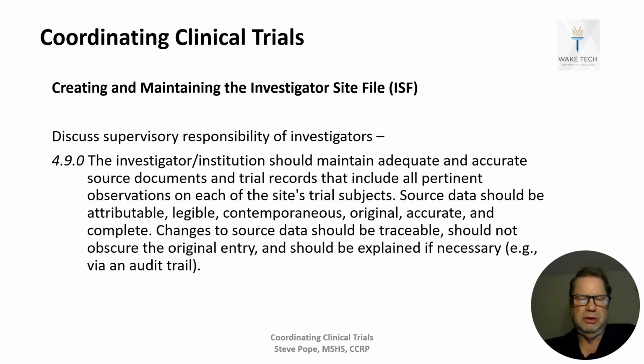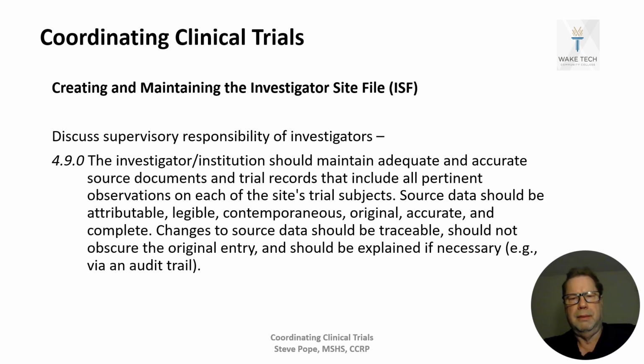If there are changes to source data, they should be traceable. You should not obscure any original entry. For example, if an investigator signed his or her name and then put an incorrect date, you can just line through the date and they can put the correct date on there, but you would not want to obscure it so that you don't know what they put originally.